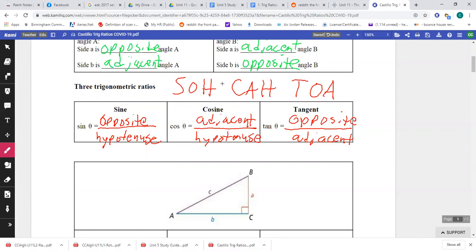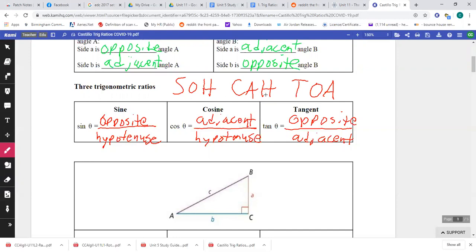And for those of you who have not seen this before, you can see how this translates here. So S, C, and T stand for sine, cosine, and tangent. Now look at the two letters that come after the S. O and H mean opposite over hypotenuse.